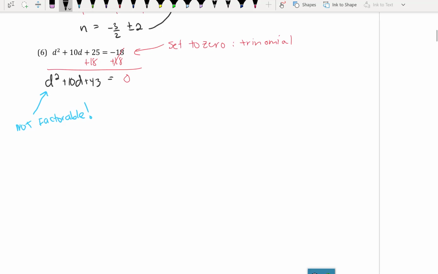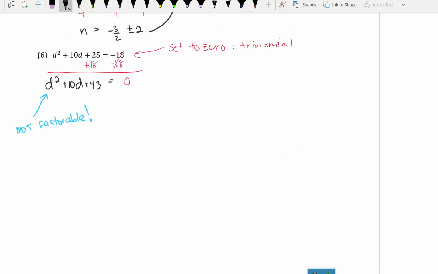So now I have a new strategy. I'm going to think of this as d squared plus 10d plus 25 is equal to a negative 18. So instead of setting it to 0, what I'm going to do is factor what I have, which is equal to a negative 18.